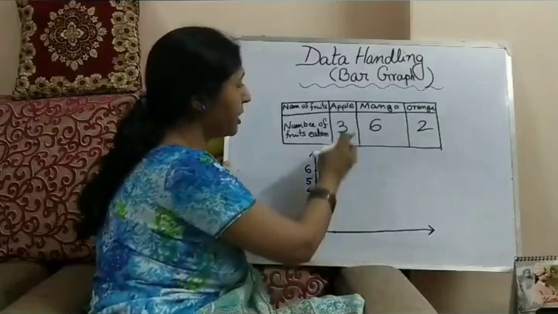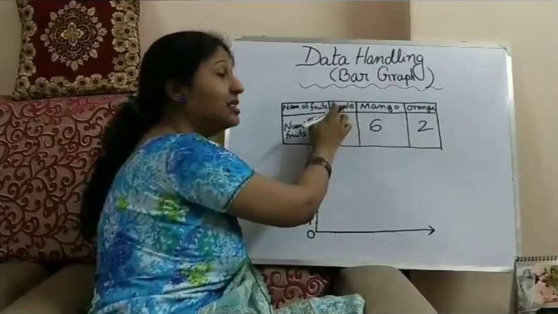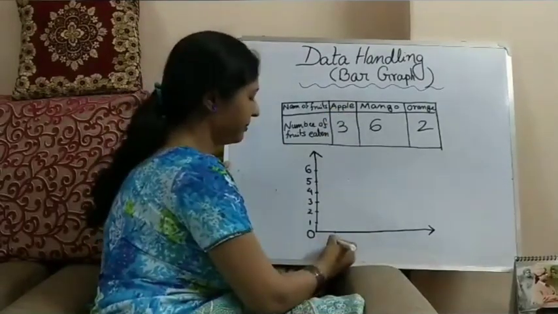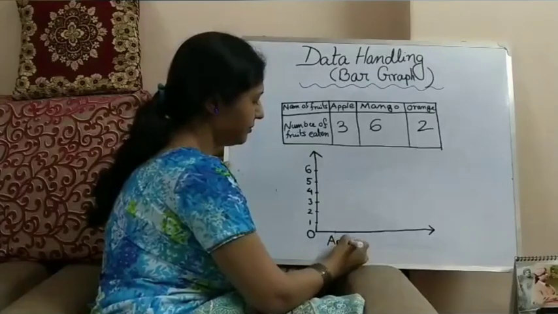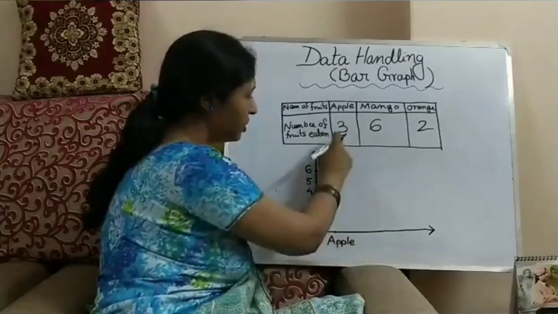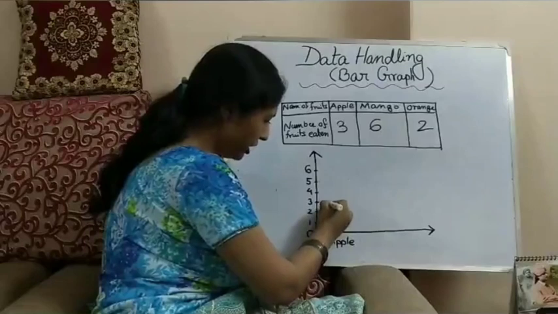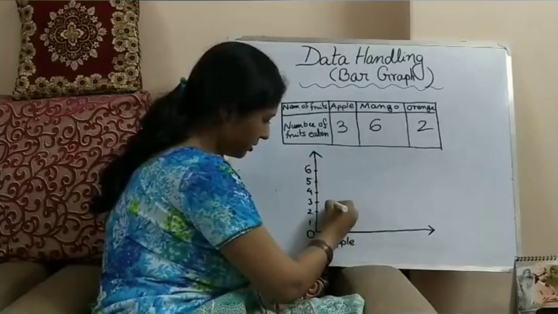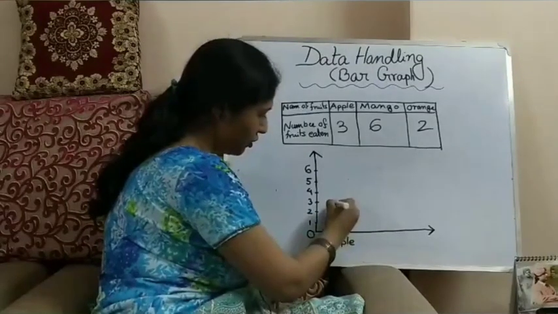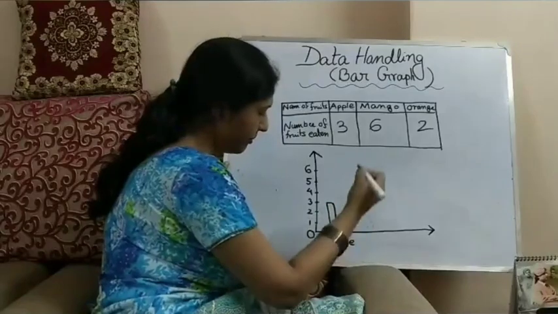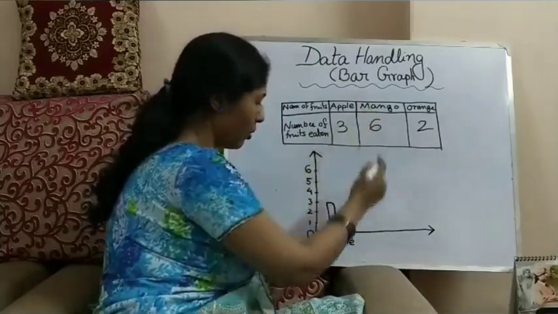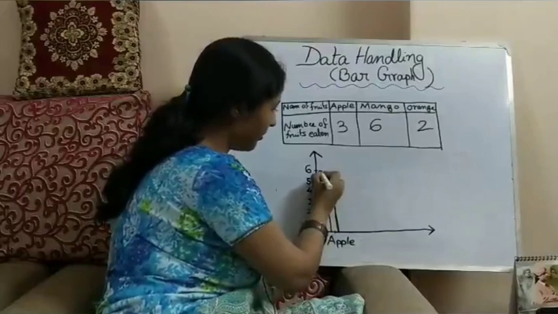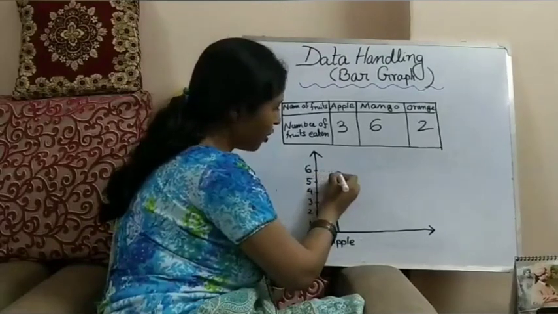Here I should mention the fruit name, that is apple. Three, up to 3 we should draw one rectangle or bar. Then mango, that is 6, I mean up to the top level here.